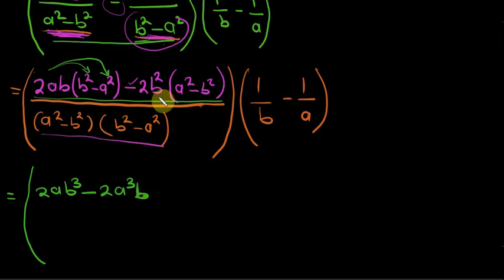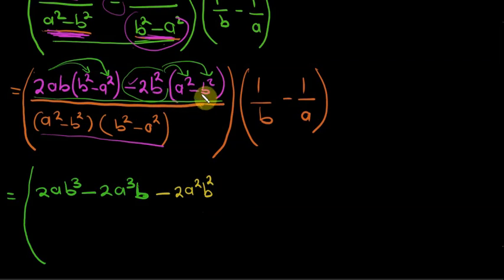Yeah, okay. We'll do the same story. Minus 2b squared multiplied by everything in the bracket. It will be minus 2a squared b squared, because a is the first letter in the alphabet. Okay.